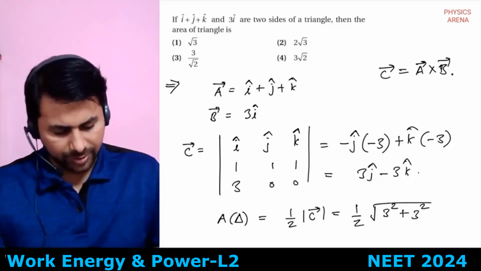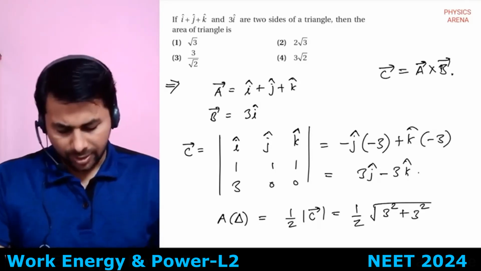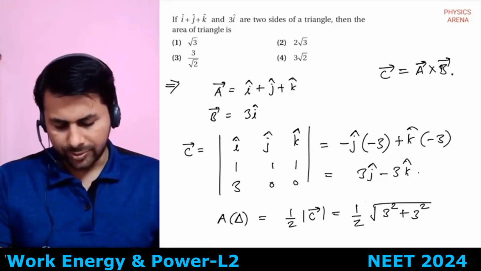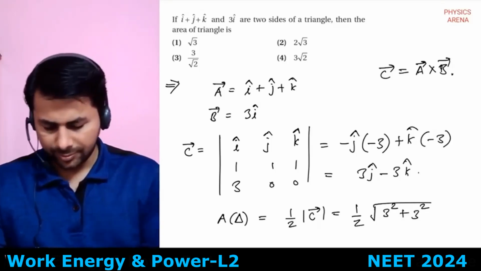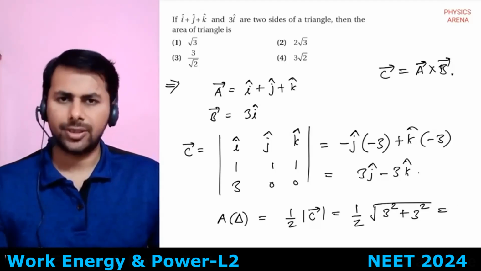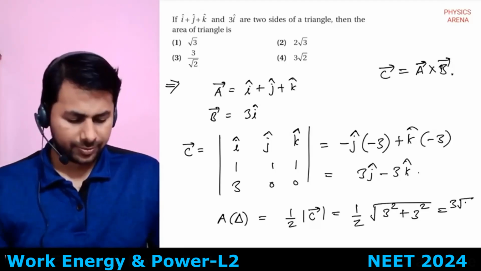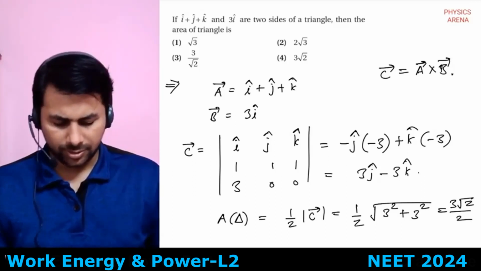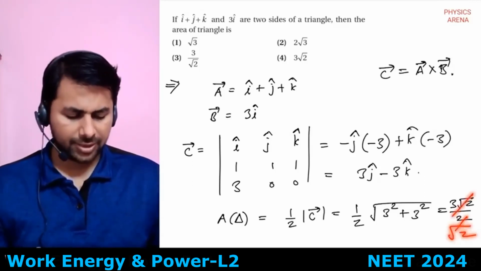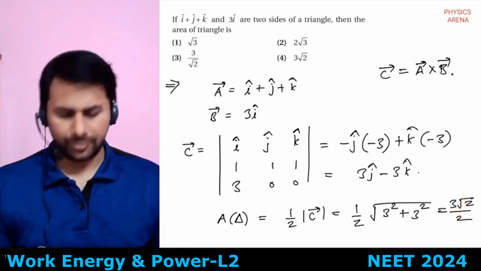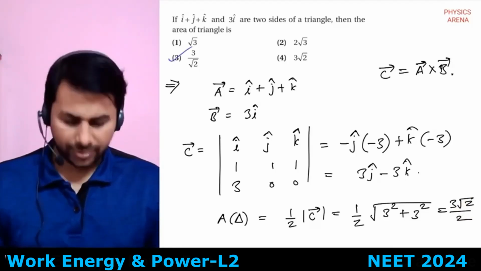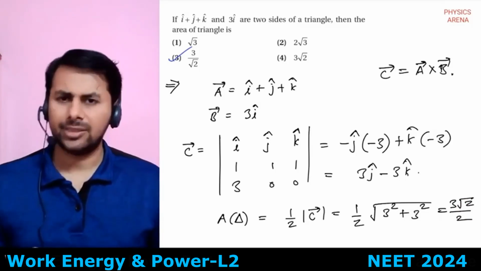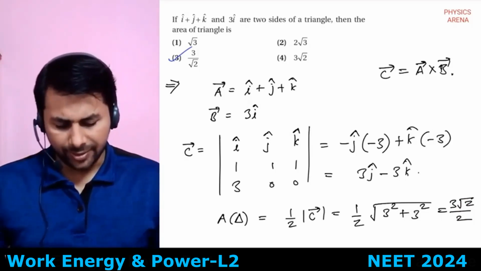So that is 3 root 2, right? So 3 root 2 upon 2. So that is, in denominator you will have root 2. Okay, so it's option 3. This is simple, finding area of a triangle.